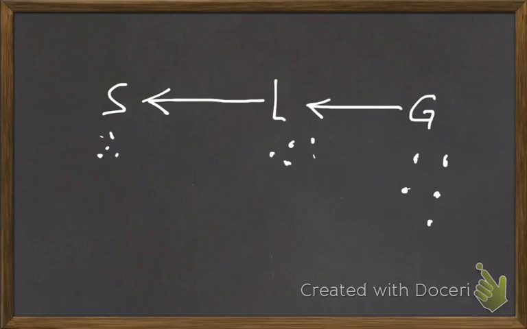So if we have a gas, those molecules have a lot of energy. They're moving around a lot, so they have a lot of kinetic energy. So if we want to go to a liquid, then we are going to need to remove heat from those molecules, remove energy from those molecules. If we want to remove energy from those molecules, that means that these molecules are going to be giving off heat.